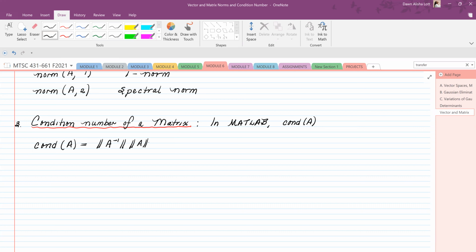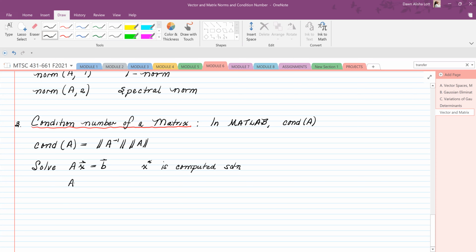All right, so let's look at the facts. Let's say we want to solve AX equals B. Okay, and then X star is the computed solution. That's what you get.